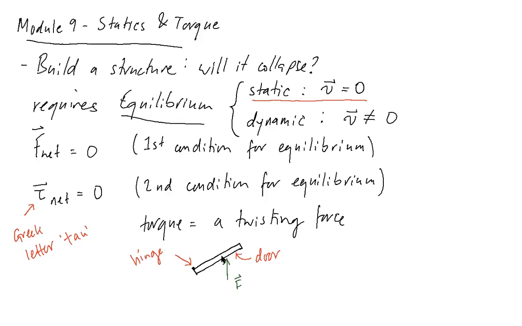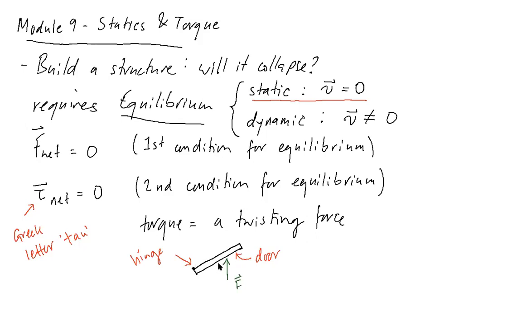But really, it's pivoting around this pivot point. It's twisting around. This force applied at this location provides a torque to the door, and it causes the door to twist around this pivot point. So what we have is a twisting force.